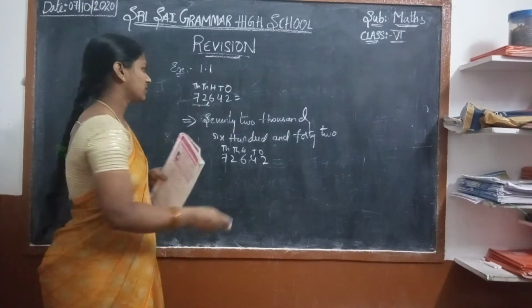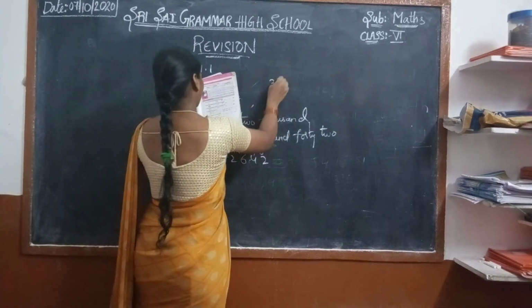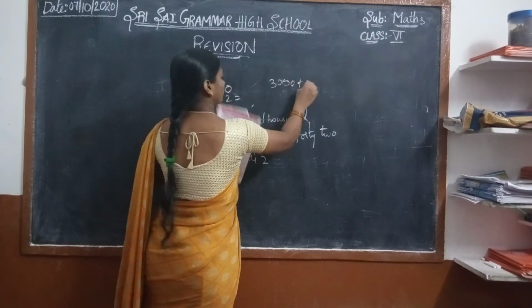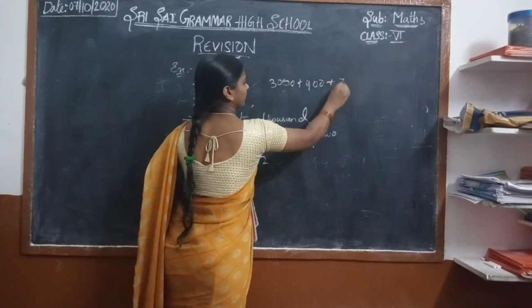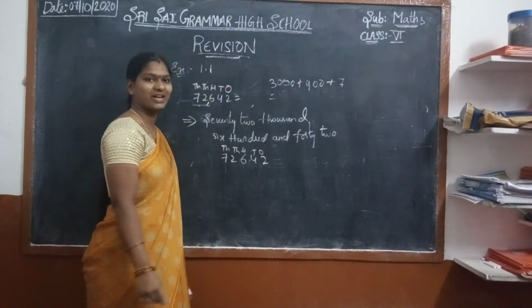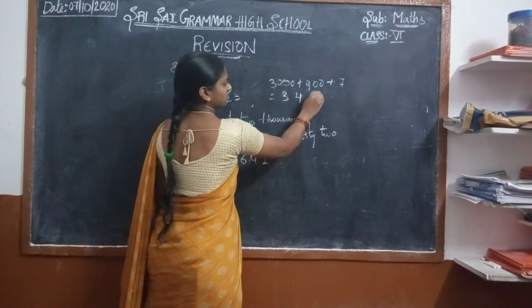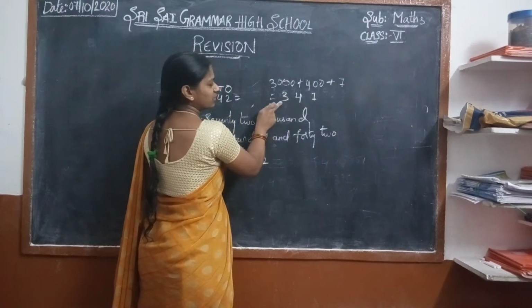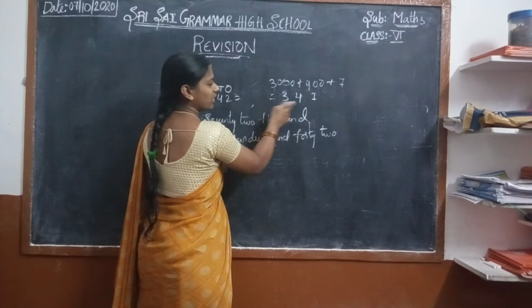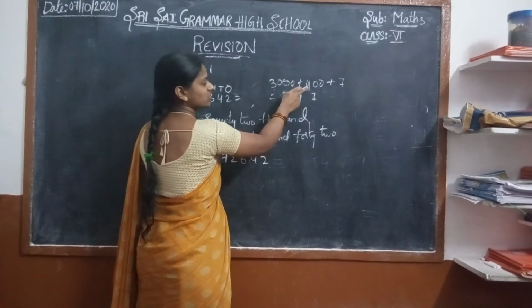If they give 3000 plus 400 plus 7 in the expanded form, we can write 3, 4, 7. Yes, when you see 3, 4, 7, it looks like 347, but it is 3,407.